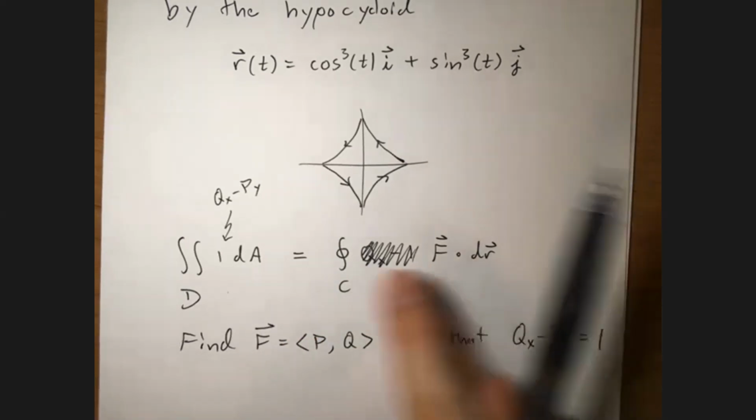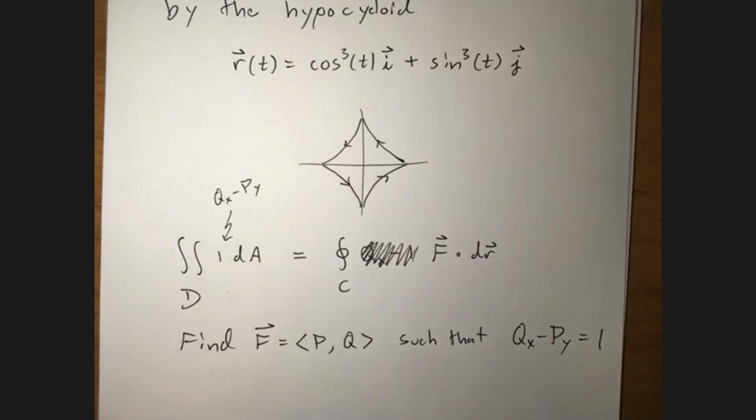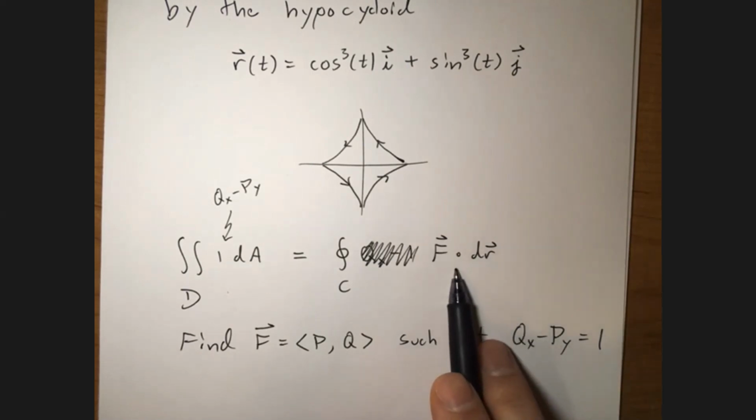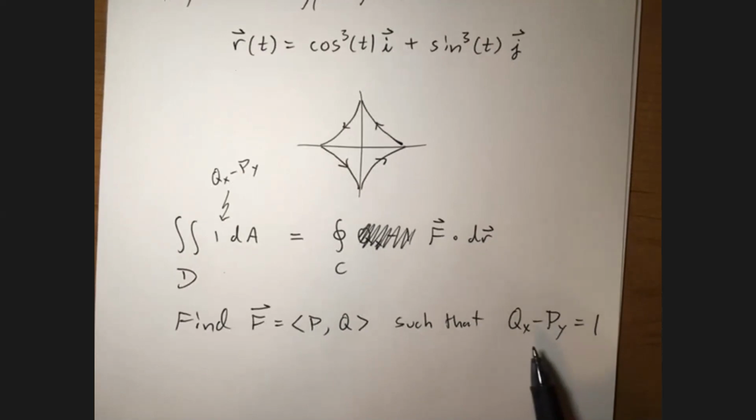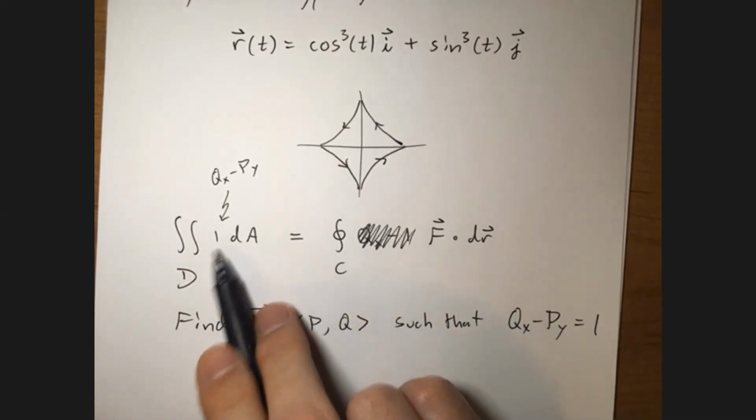That way, this will match Green's theorem. So as long as the vector field satisfies this, then Green's theorem says this thing would equal this. Okay. So can I find a P and a Q so that Qx minus Py is equal to 1?